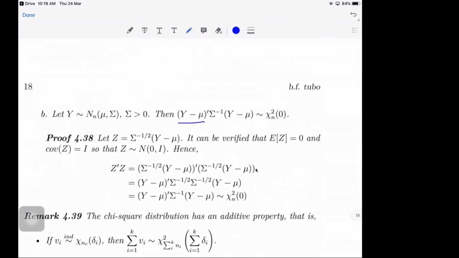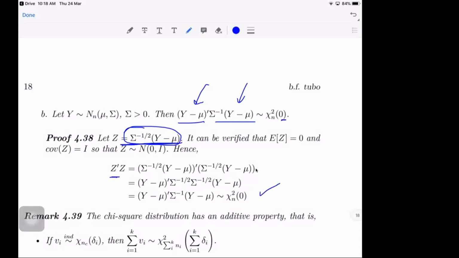Okay, so what will happen when you subtract mu from y? This becomes central, no? Your transformation will be equal to this. You get z prime z, where the transformation is sigma raised to the negative 1/2 times y minus mu.